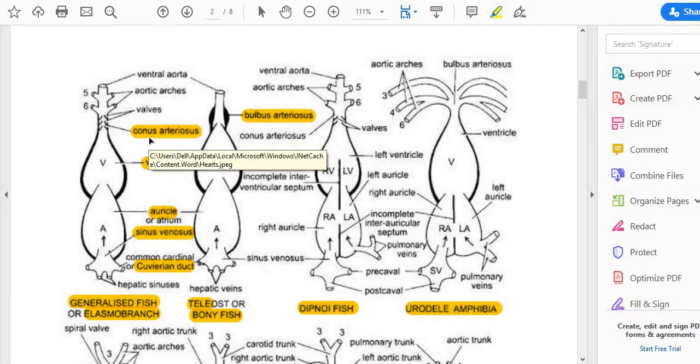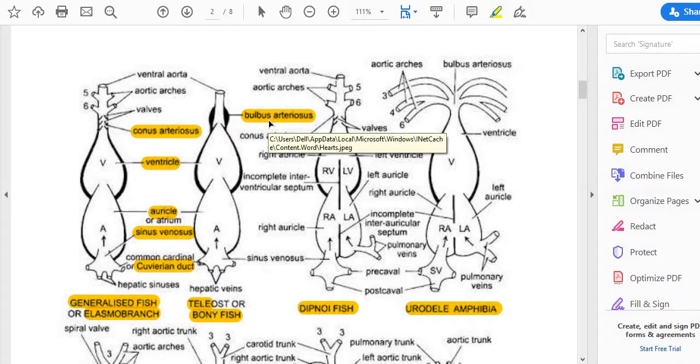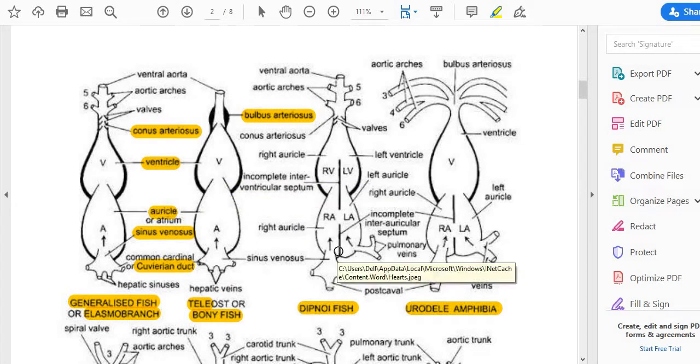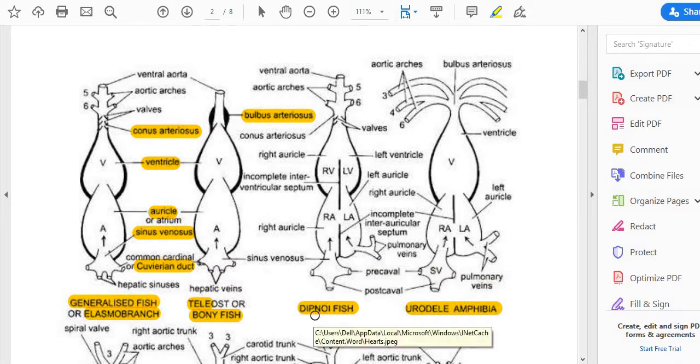So here we saw conus arteriosus was present after the ventricle, but this conus arteriosus gets modified and forms the bulbus arteriosus. So only this difference we can see if we compare this bony fish heart with that of cartilaginous fish. When coming to the dipnoi fish, dipnoi fish are also called lungfish.